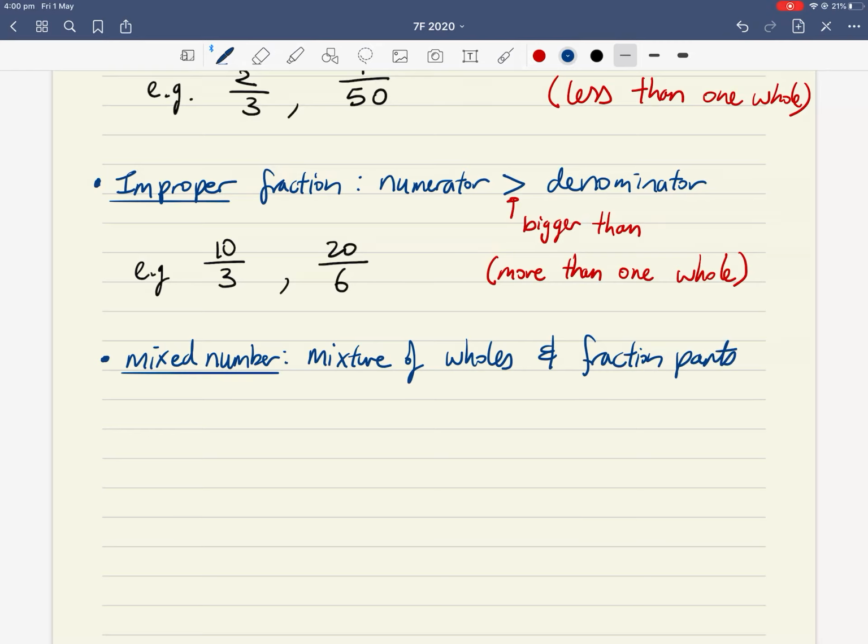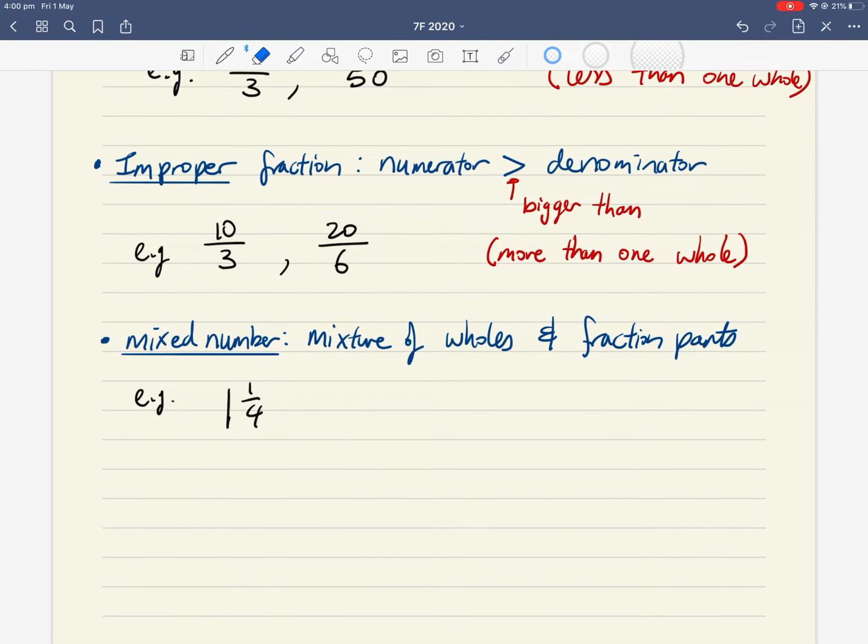So, for example, 1 1/4. If you imagine talking about pizzas, you have one whole pizza and then you have a quarter slice of a pizza. So it's a mixed number because you have a whole number in front, which is the 1, and then you have a fraction part as well. So a mixed number is when you have whole numbers as well as fraction parts.